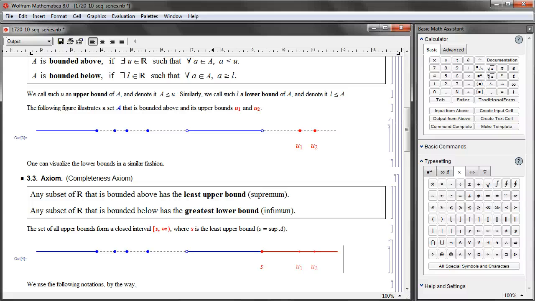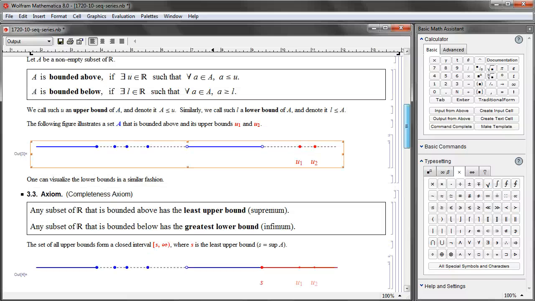Let's go back to the original picture here. The second interval here, which is in the right-hand side, is an open interval. So this set A, the capital A, was defined using a strict inequality. However, the definition of the upper bound was defined through a semi-inequality.